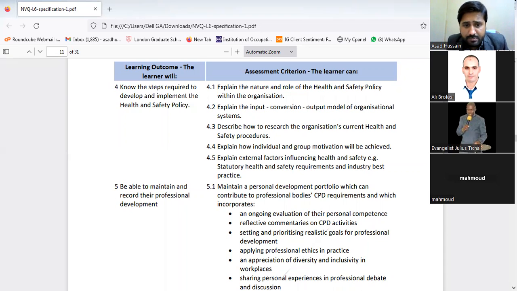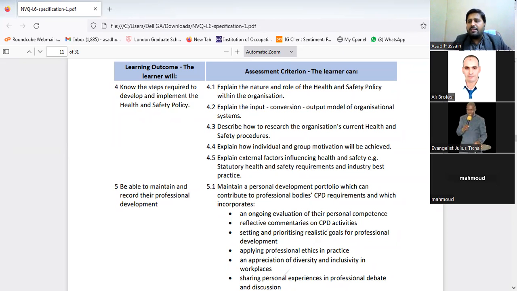So the statutory requirements are there, and then when it comes to the quality of work, you have to do benchmarking: what the same type of organizations like yours are doing in performing their operations.